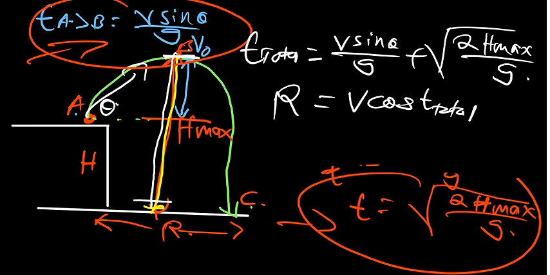So now, there's also a question which they like asking: find the velocity just before it hit the ground. To find that velocity, what you have to understand is this.